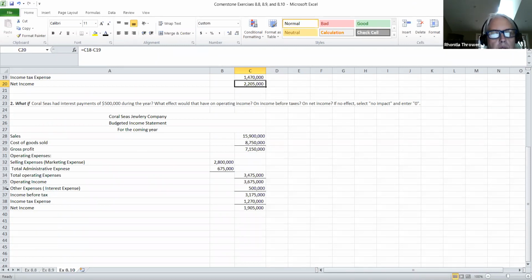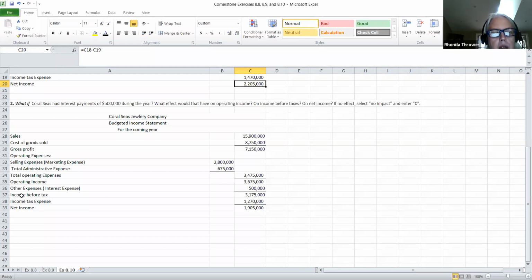Those are some of the categories that can go in this, really other items, if you want to call it that. But in this case, we just had one interest expense that we needed to record, and the amount of 500,000 was given. This other expense is subtracted from your operating income to get the income before income tax.